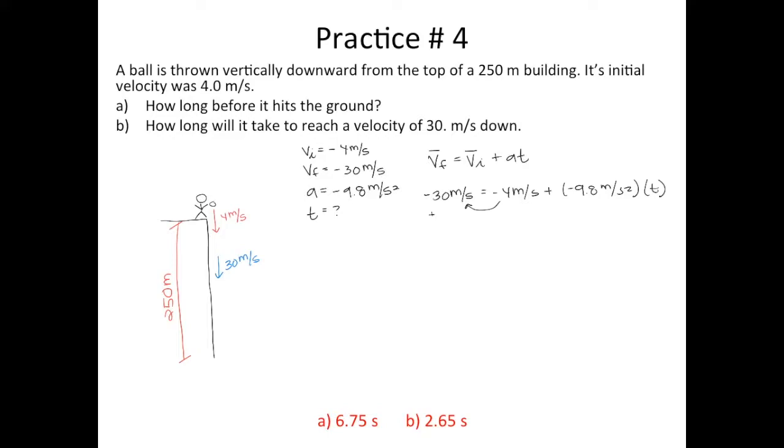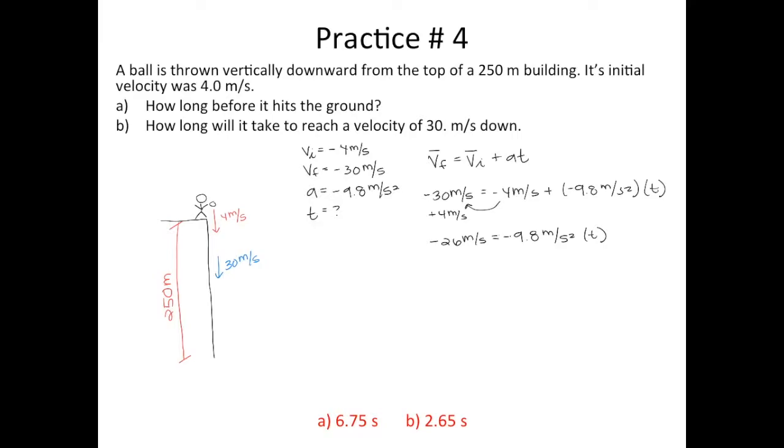So, plus 4 meters per second. That gives me negative 26 meters per second equals negative 9.8 meters per second squared times T.